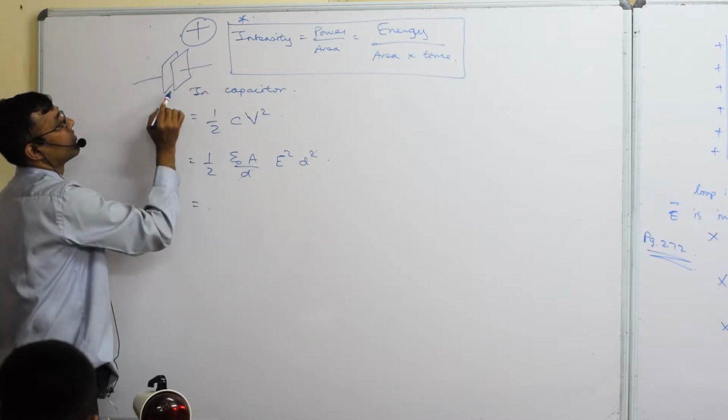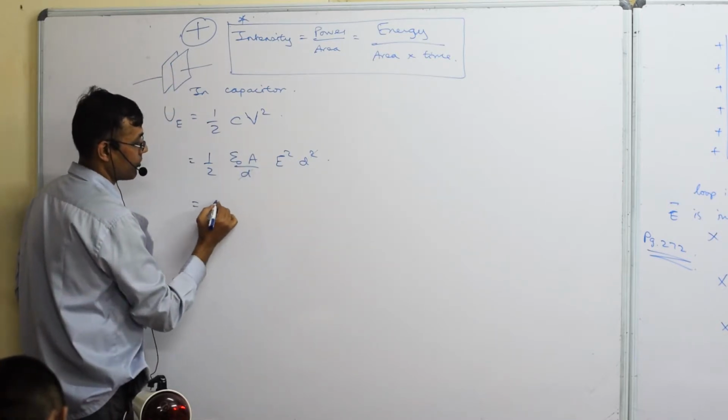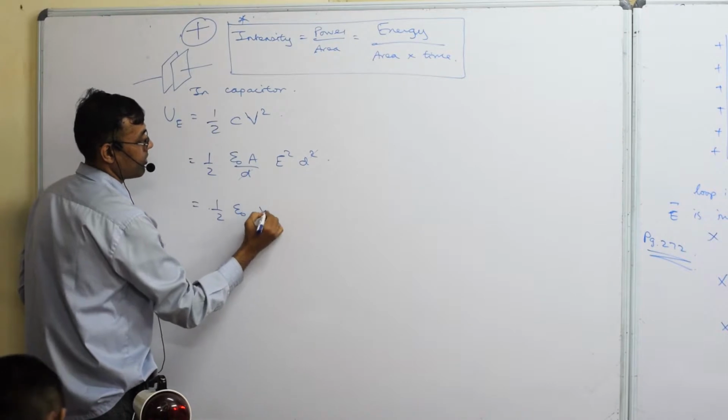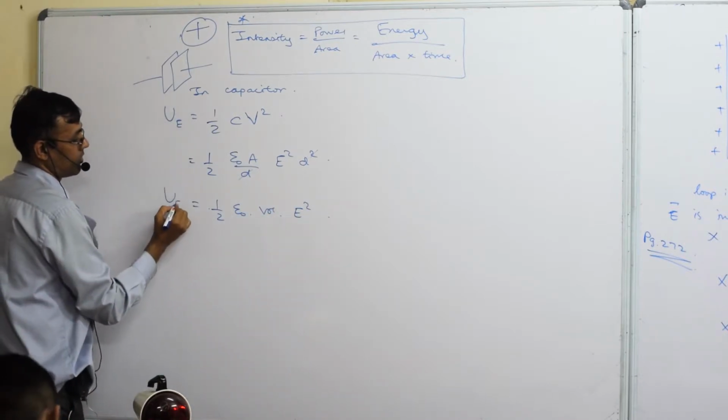This area into this distance gives volume, so A into D becomes volume. So half epsilon naught volume E squared is your UE.